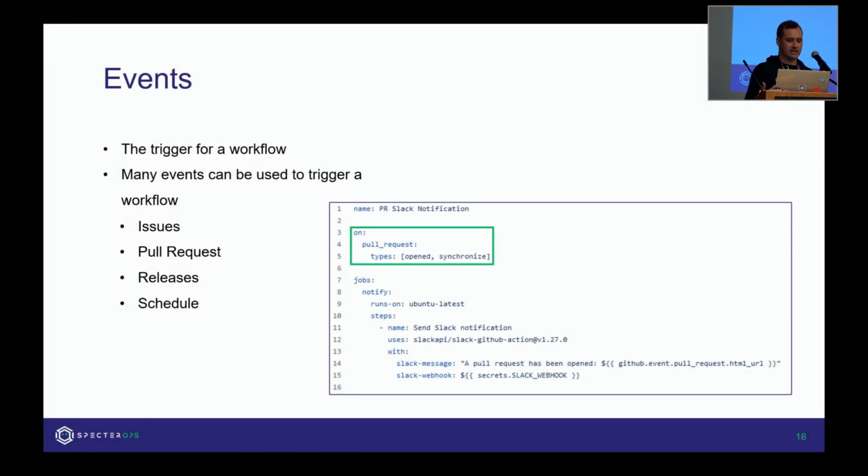So events, as I mentioned, can happen on a schedule. This can happen whenever you push a release or make a pull request. In this case here, the trigger or the event for this workflow is going to be whenever a pull request is opened or synchronized.